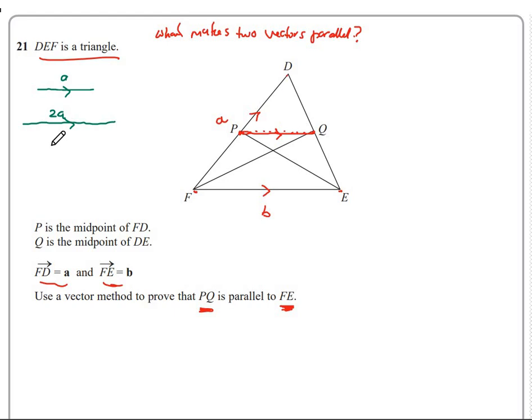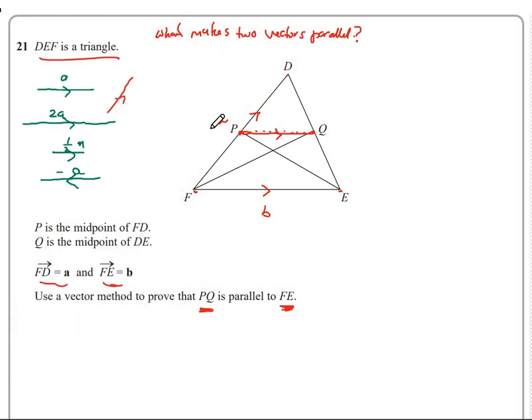Or we could have a smaller vector here, and that could be half A. This vector is also parallel. It could be going in the opposite direction, but it's still parallel, and that could be minus A. And a vector like this one wouldn't be parallel to any of the others.